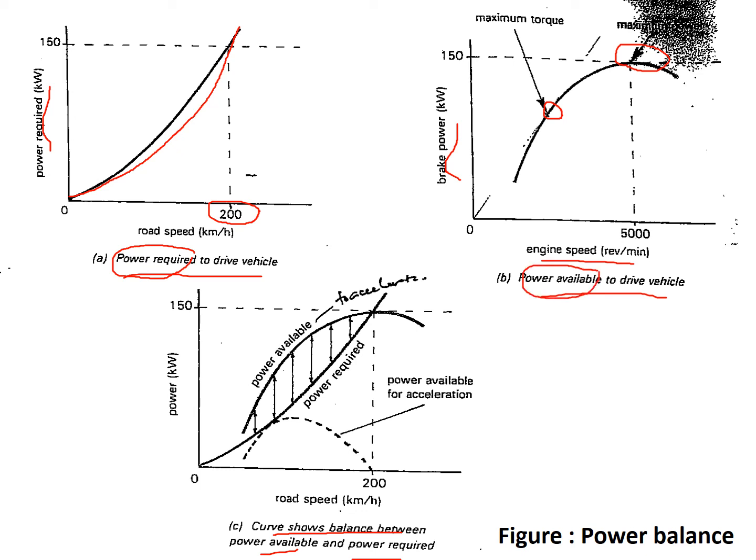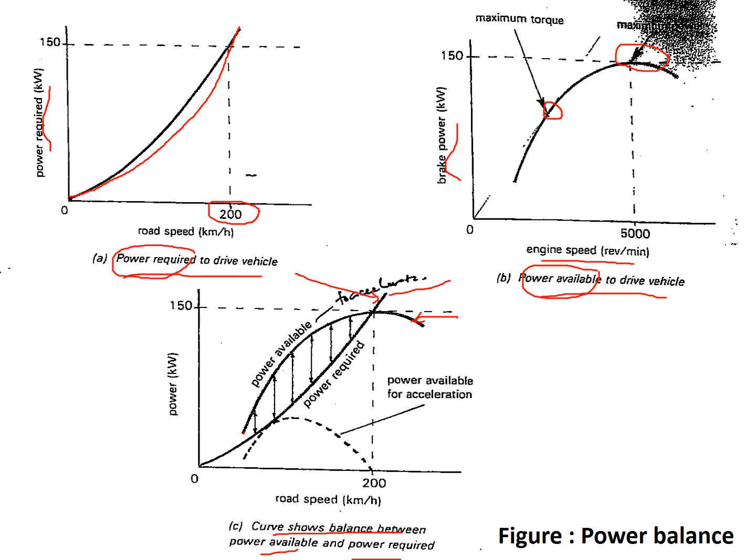When you show them in the same graph, this is the power available curve, and this one is the power required curve. When we overlap them, there is an area where the power required is below the power available.